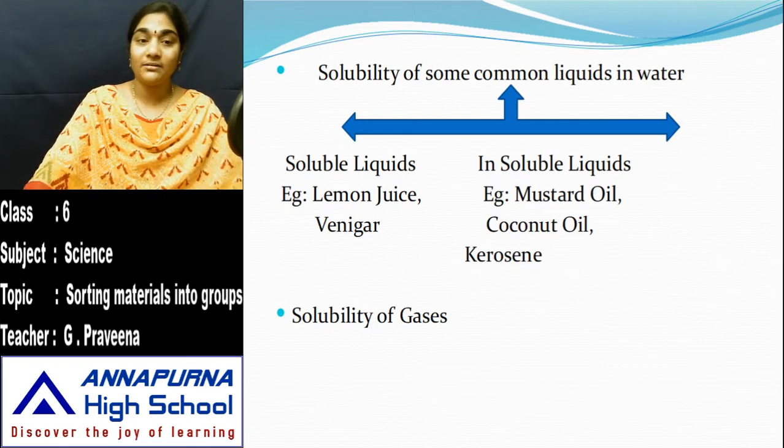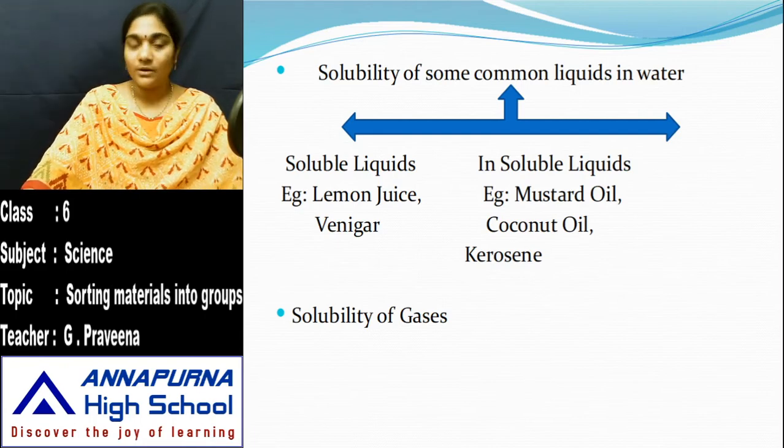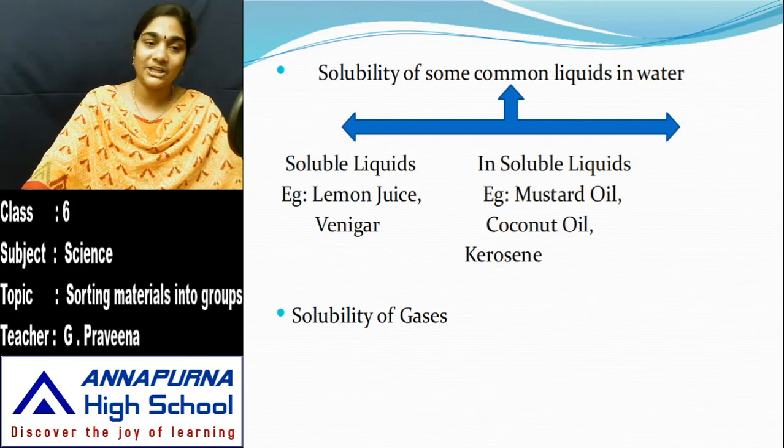Even they need oxygen like us. For their survival, they require oxygen gas. But where do they get the gases from? The oxygen molecules get dissolved in the water. So all the gases have the property of dissolving in water, and these gases are utilized by the aquatic organisms.